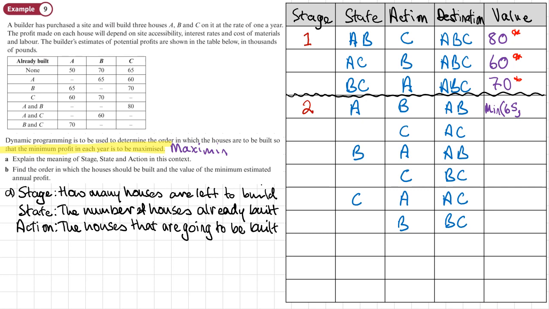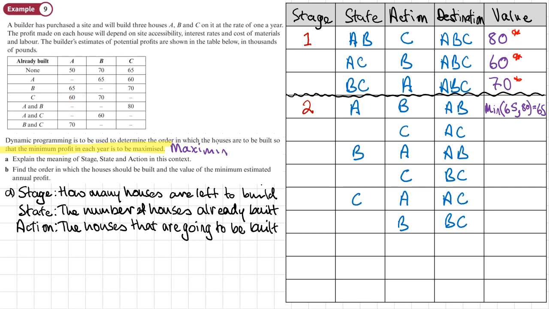And following on AB up here, back to stage 1, that's 80. And I want the minimum of those two, which is going to be 65. House A, already built, and then I'm building house C, that's going to be 60.